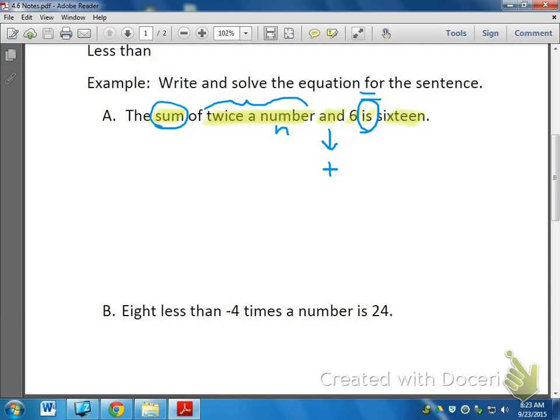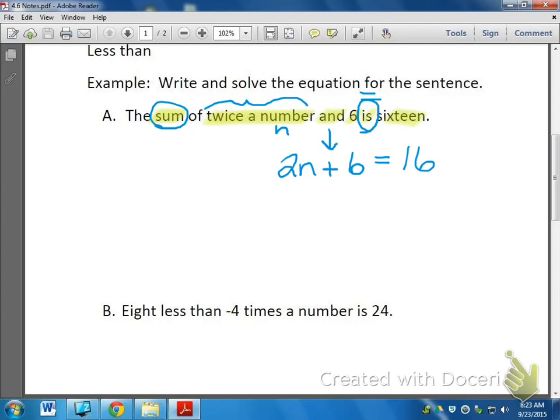So let's pick n for that number. How would you show twice a number, Layla? So we're going to put 2n in front of the plus sign. And is the plus sign. 6 after the plus sign. We already said is equals, and then 16. So we've done it. The sum of twice a number and 6 is 16.